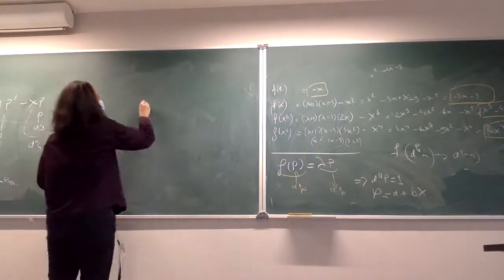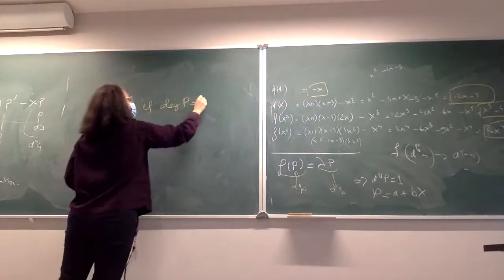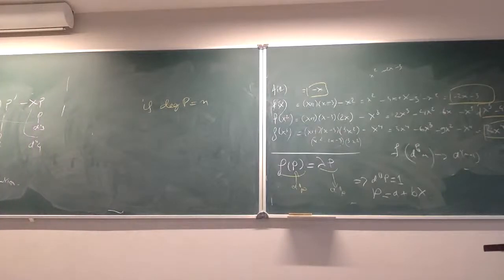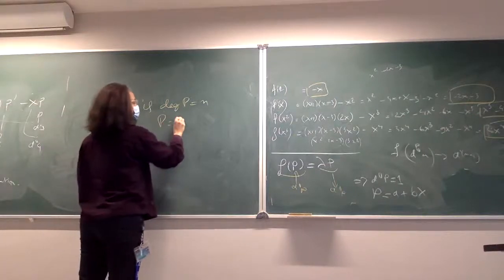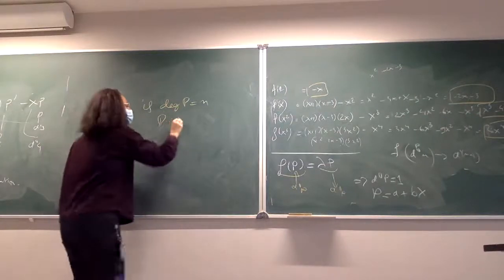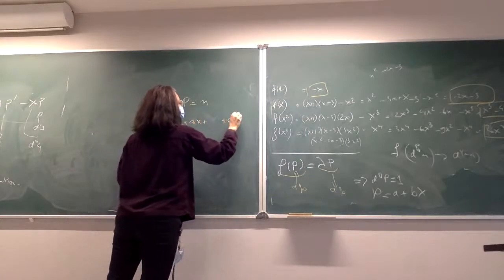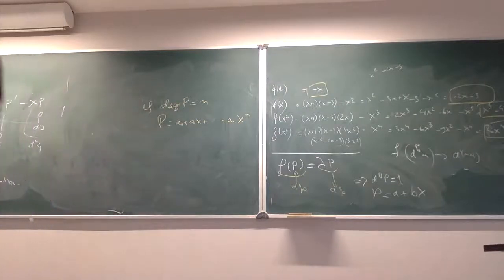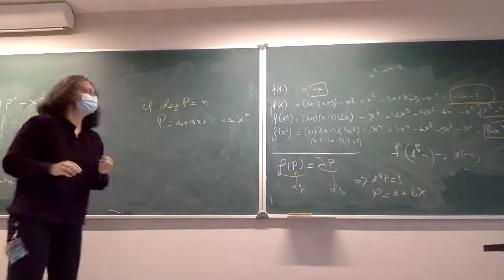Okay, so if the degree of P is n, that means P will be written like A0 plus A1x, etc., plus AnXn. Just so I've got a polynomial of degree n. What's going to be the highest degree of the image of P?